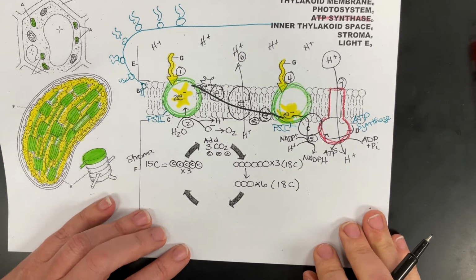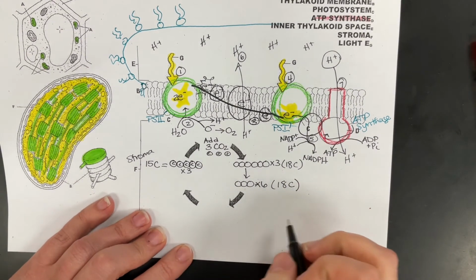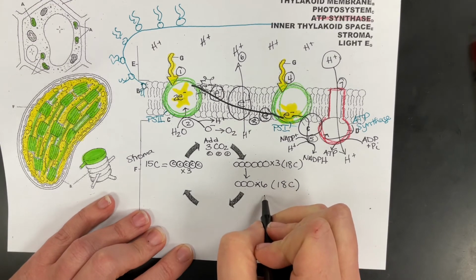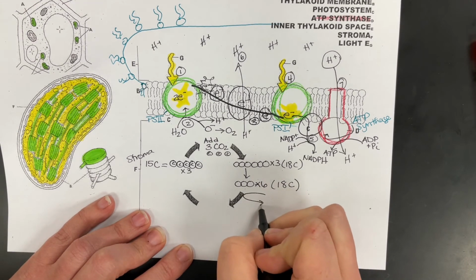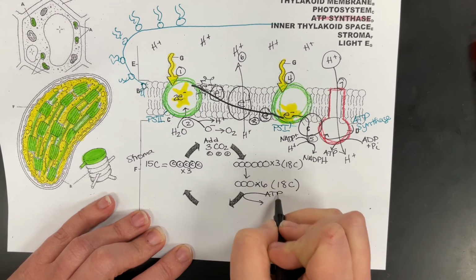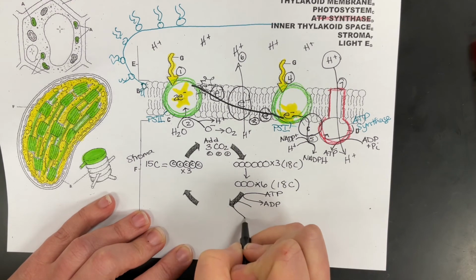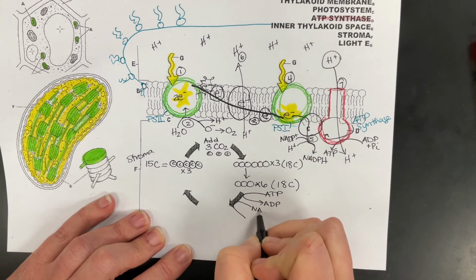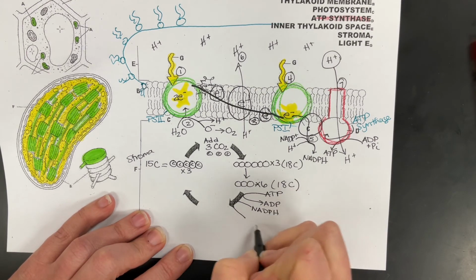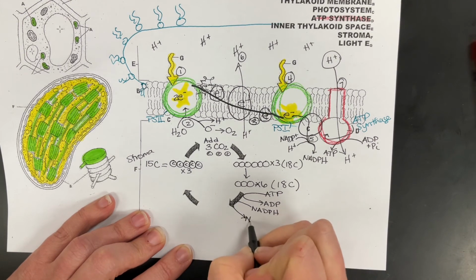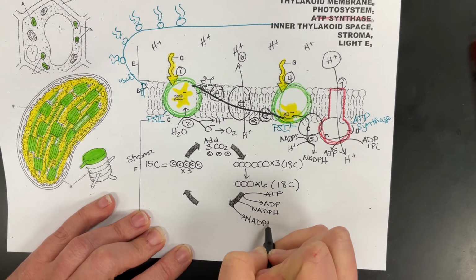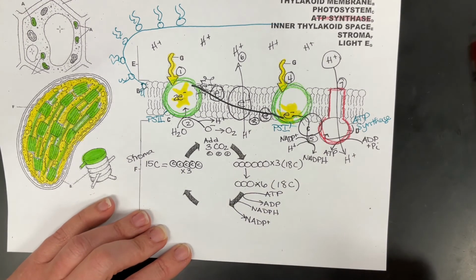So the next thing that we're going to do is we are going to give our ATP, and we're going to make ADP, and then we're going to give our NADPH, and we're going to make NADP+. Okay?